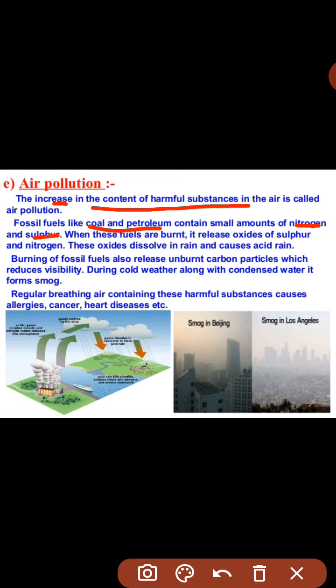When these fuels are burnt, they release oxides of sulfur and nitrogen. So when we burn coal or petroleum, these fuels release the oxides of sulfur and nitrogen into the atmosphere, into the air. These oxides dissolve in rain and cause acid rain. These are very toxic substances.